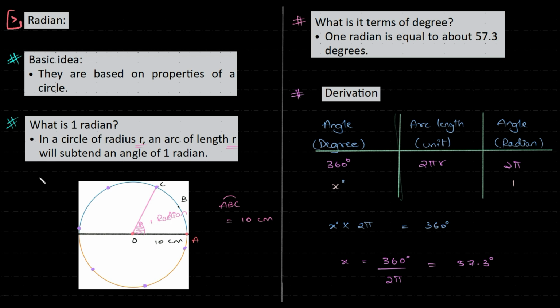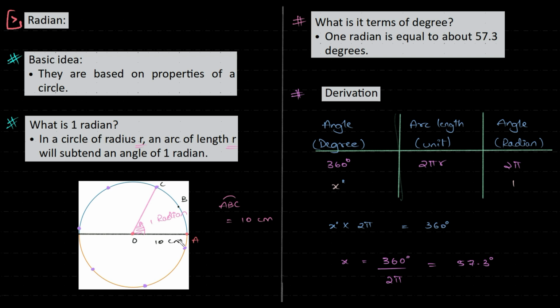Let me recap before I wind up. When we come to angles, we can measure in terms of degrees and radians. A radian is nothing but an arc length that is the same as the radius of the circle.